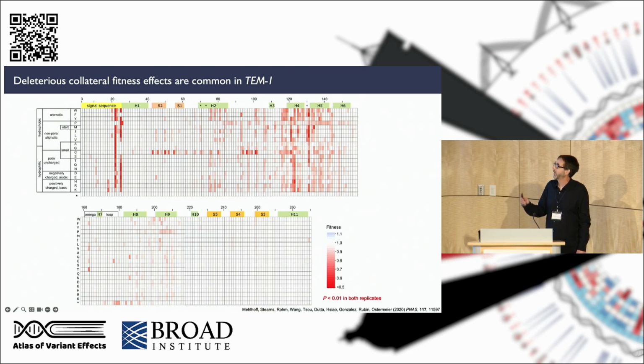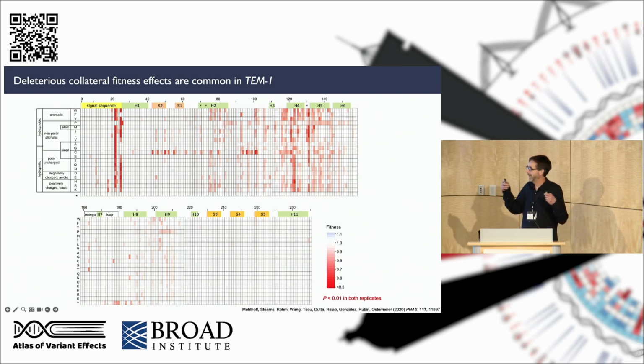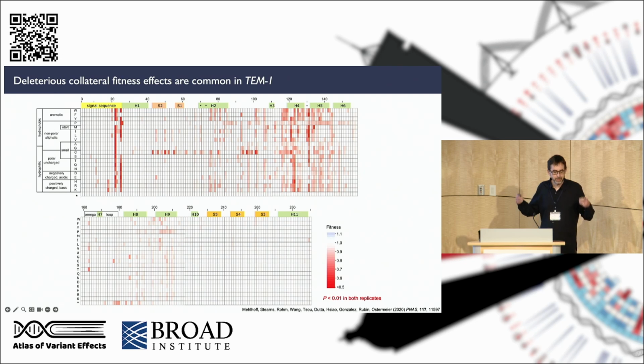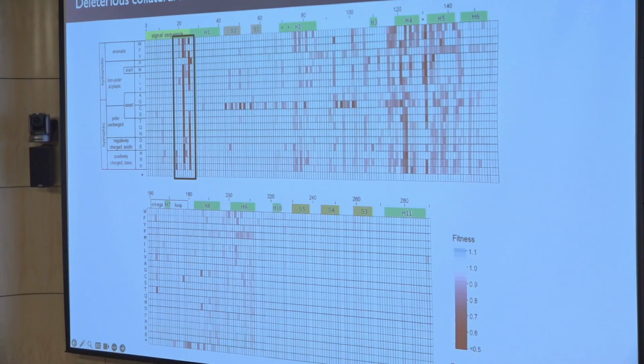So let's look a little bit at what's happening in TEM1 beta-lactamase. You can see that there are patterns of where the mutations, and I'm back here to the other scale, where red is deleterious. And we're only showing mutational effects where it's deleterious in both replicates with a p value of 0.01.